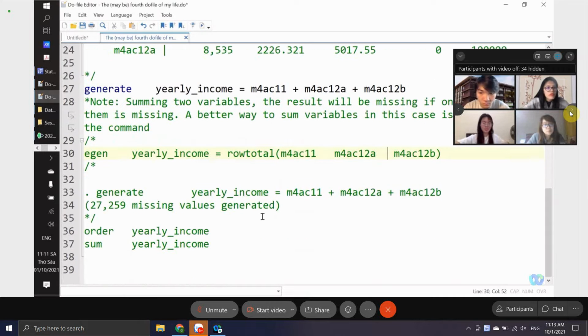This way, you will get the new variable that Stata will ignore the missing value. Even if one of them is missing, that missing will be treated as 0, and you will get the sum. This is the idea. So please take that into account.